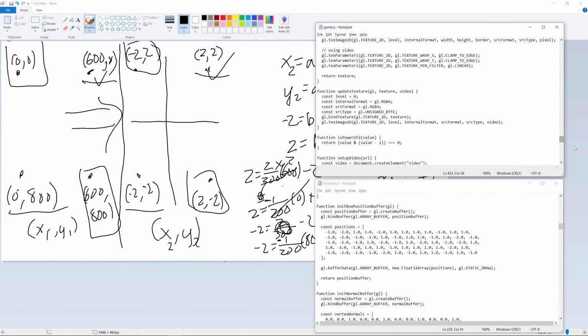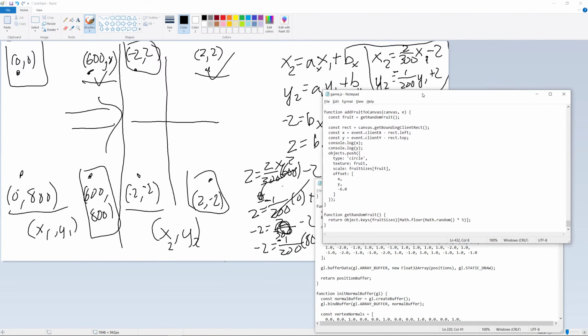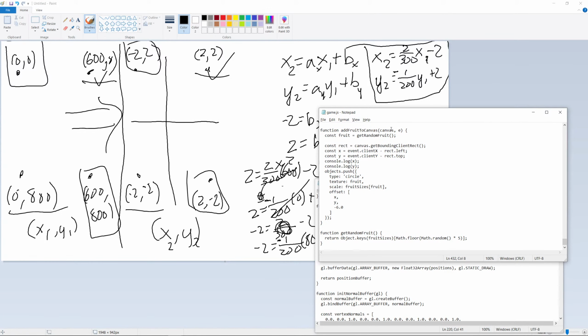Definitely rusty. So const x, the offset. We have x1, we need to convert it to x2.